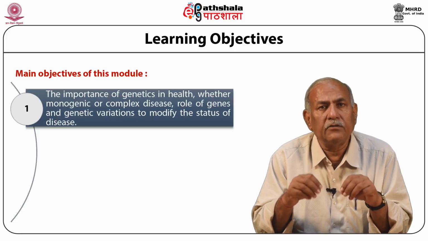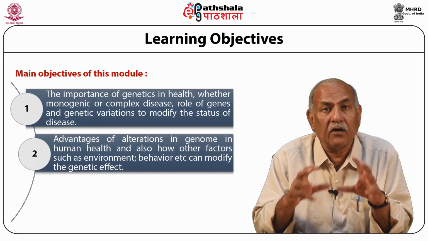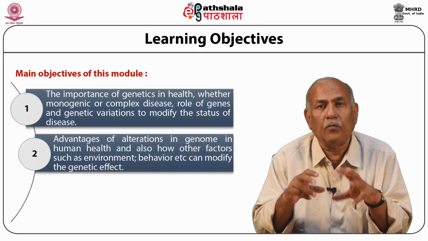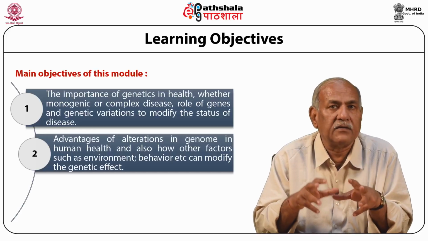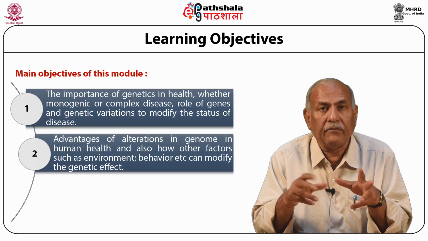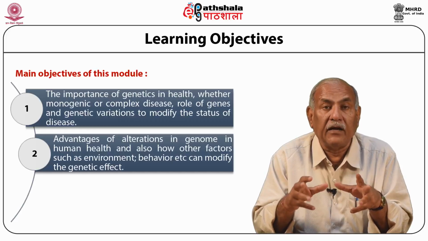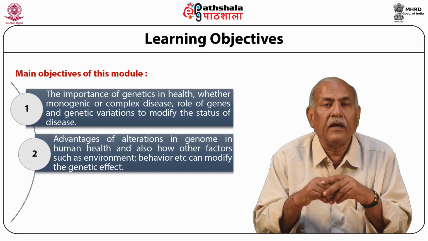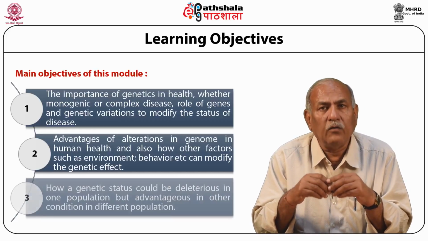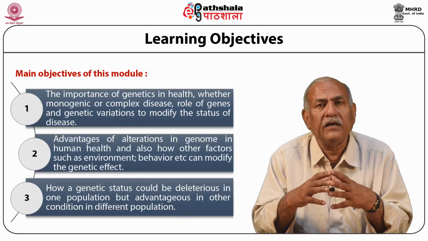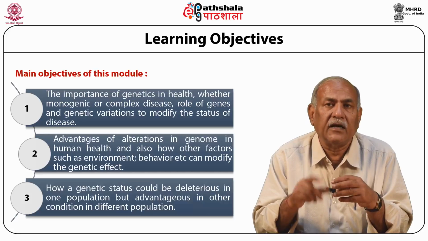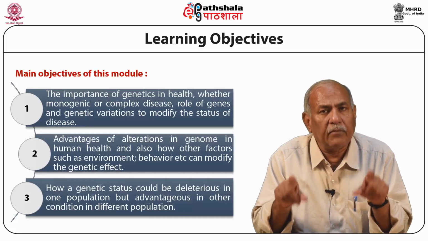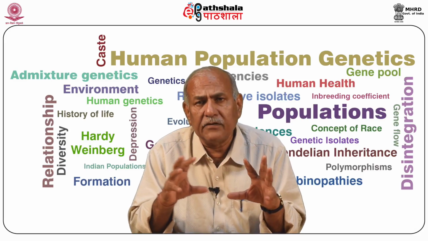You would be able to understand the advantages of alteration in the genome in human health and also how other factors such as environment, behavior, etc. can modify the genetic effect. And you will also know how a genetic status could be deleterious in one population but advantageous in other conditions in different populations. Now we take the first part.